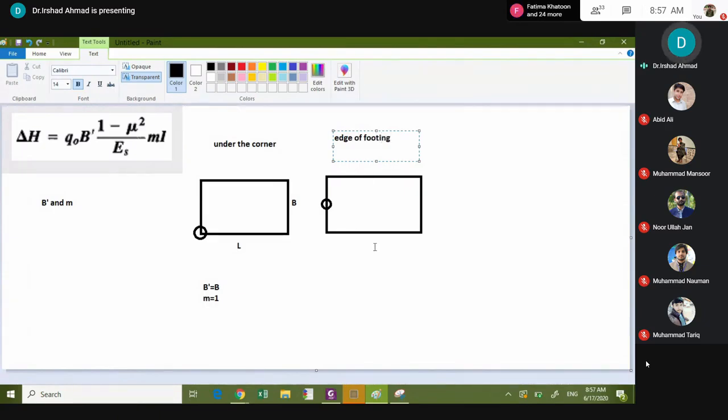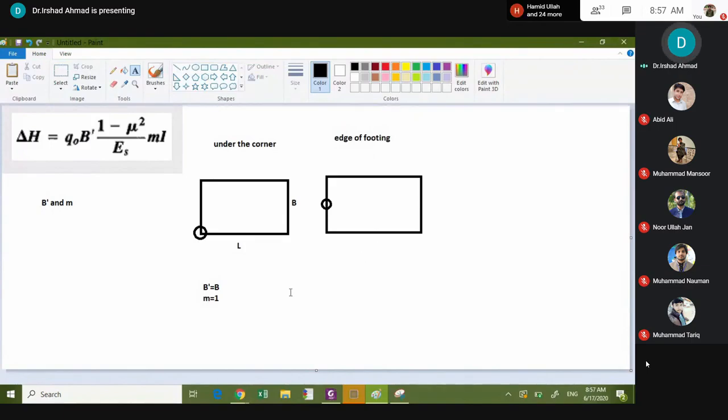So to make this equation applicable, you divide this into two rectangles, and you find settlement for the first rectangle and then for the second rectangle, or you find settlement for the first rectangle and multiply it by 2.